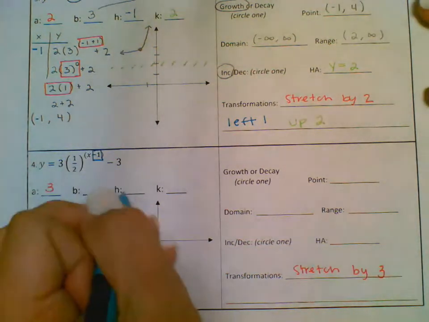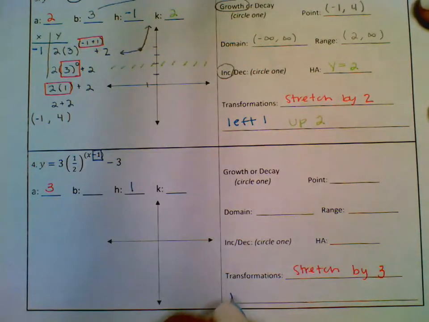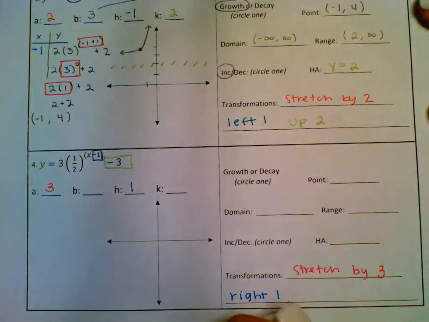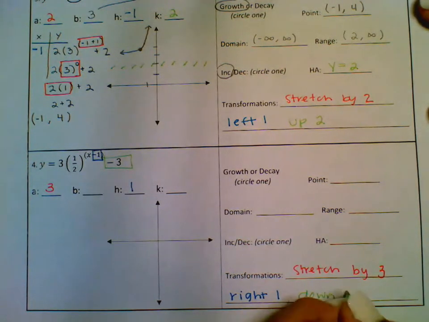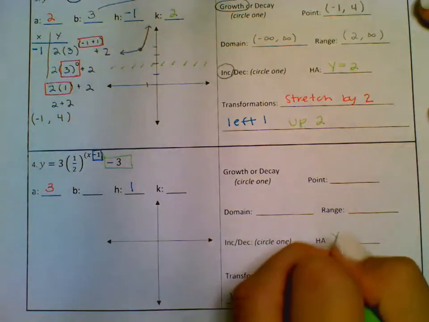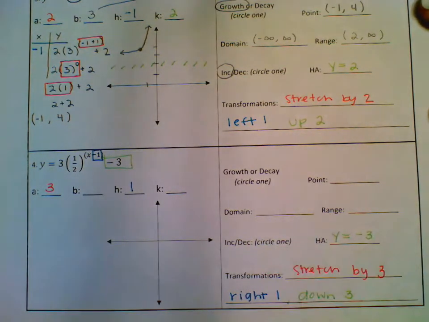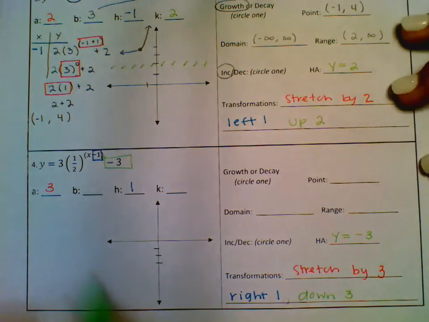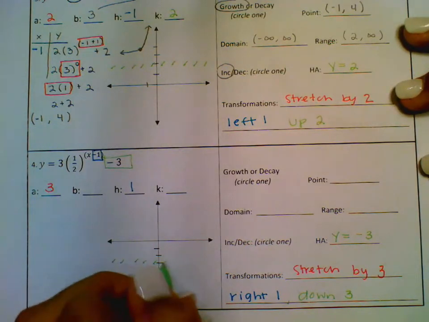Well, actually, it's the opposite of -1, which is +1, which shifts it to the right 1. And then K is -3, shifting this down 3. That also tells me my horizontal asymptote is -3. And I can list it and draw it on my graph. So here at -3, I have my asymptote.